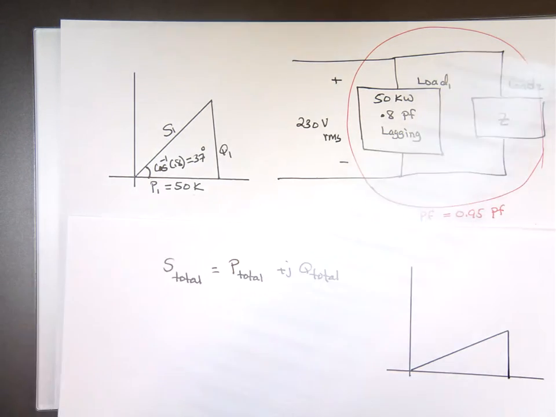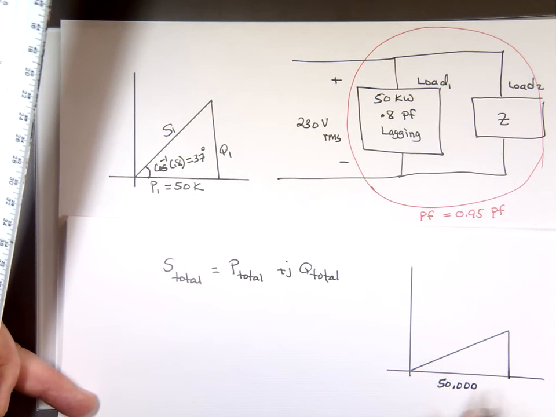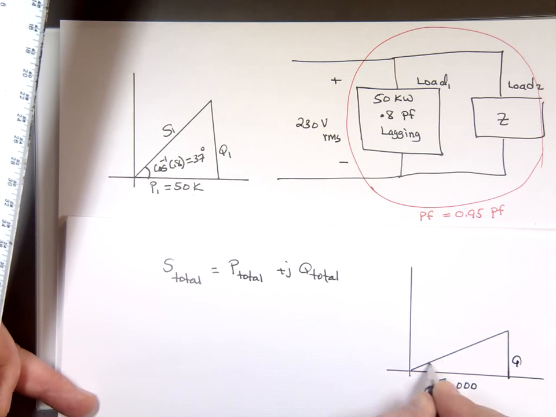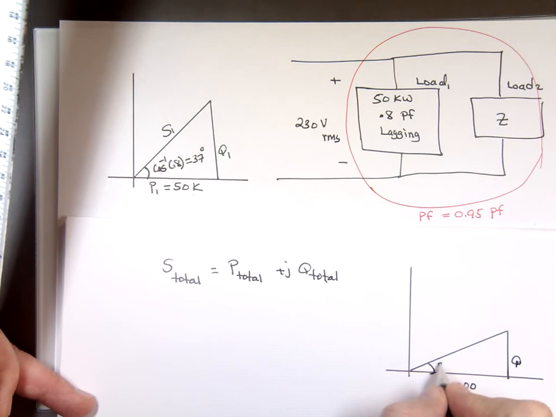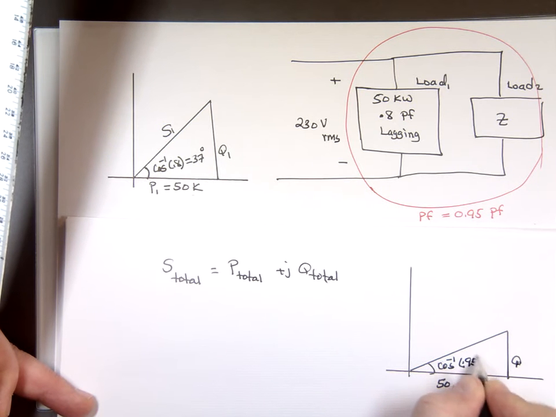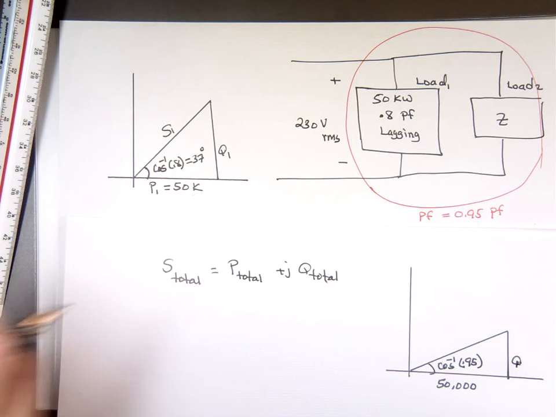I still have the 50,000 here. I need to know what Q is, but I know what that angle is. This is the inverse cosine of 0.95. So let's see what that number is. Inverse cosine of 0.95, roughly 18 degrees, right?